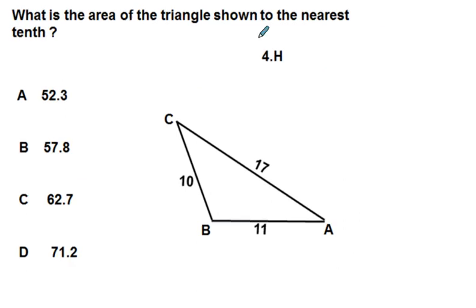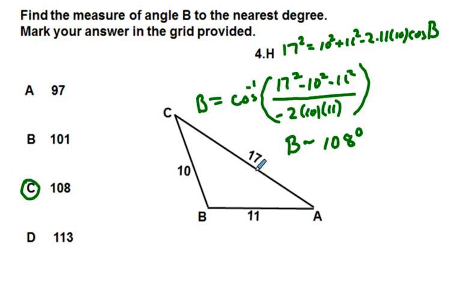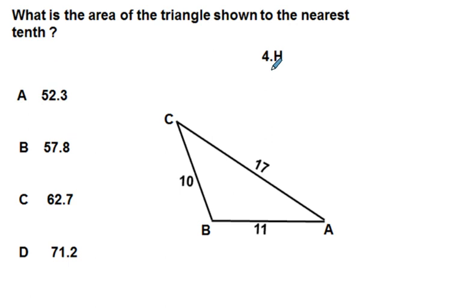Okay, what's the area of the triangle shown to the nearest tenth? If you look at the prior problem, it's the same triangle, but we're being asked a different question about it.